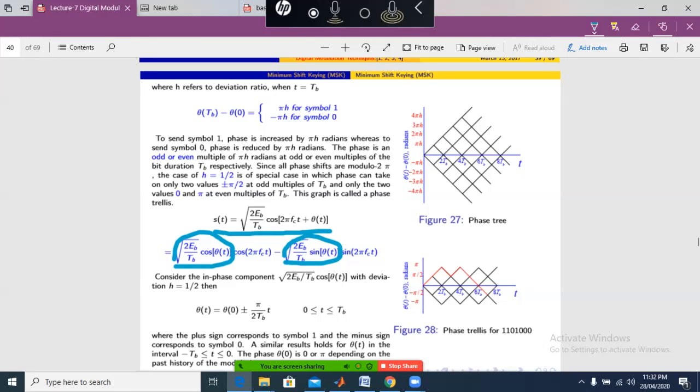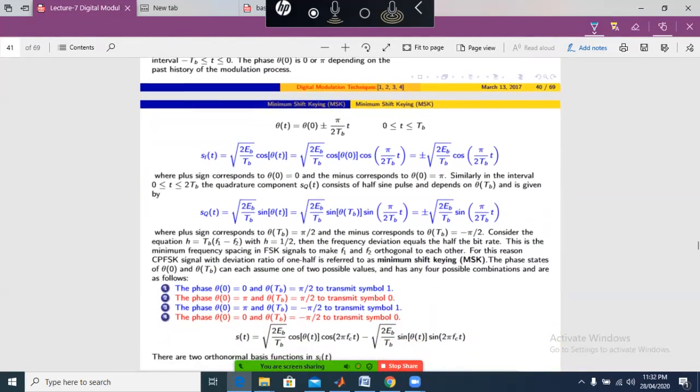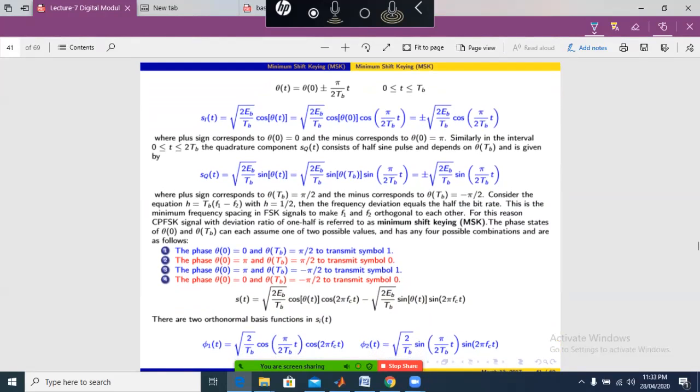So now look at the waveforms. There are four possibilities. That we have the in-phase component with plus minus the square root of 2Eb by Tb cos(pi t by 2Tb), and plus minus the square root of 2Eb by Tb sin(pi t by 2Tb).